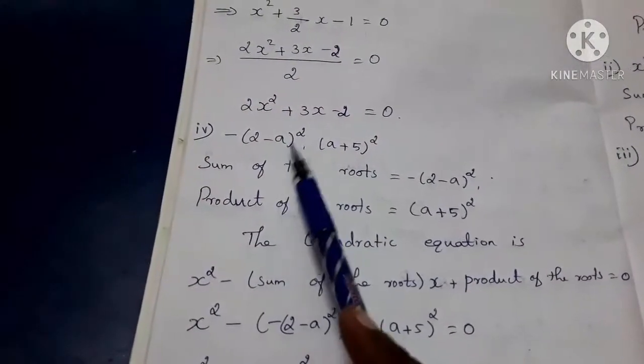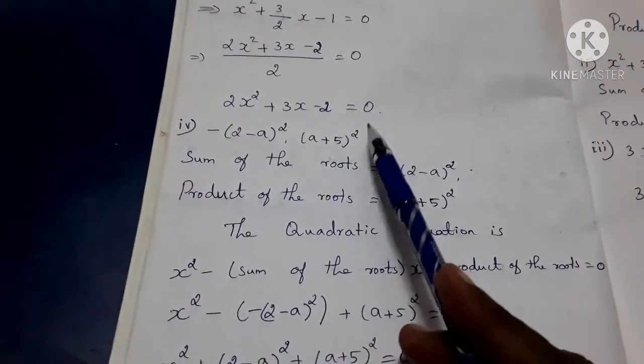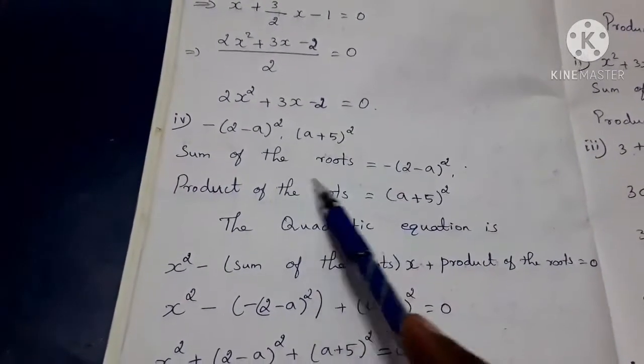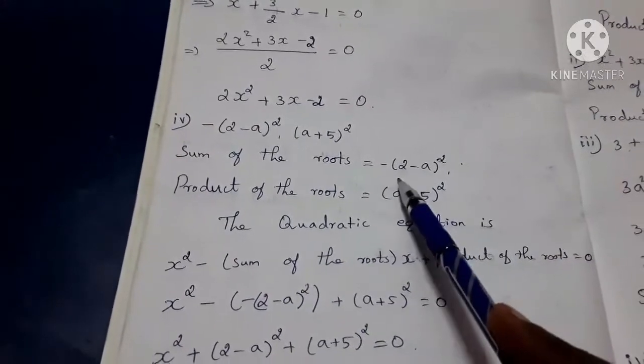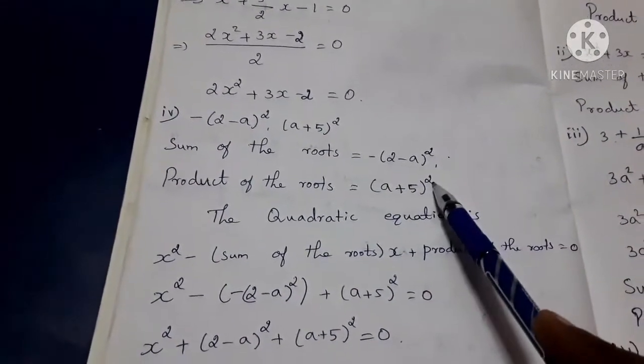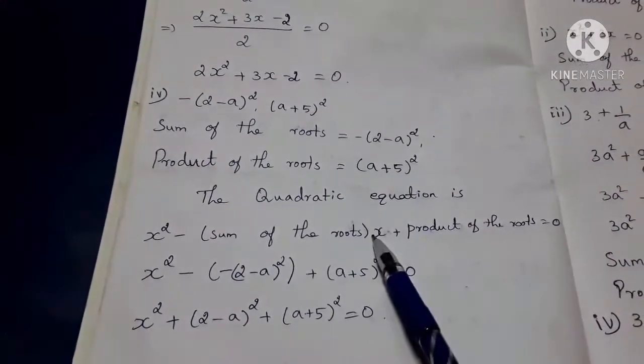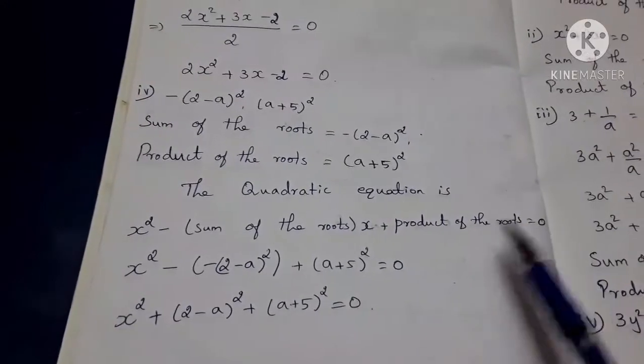Next, fourth question. Minus (2 minus a) the whole square, (a plus 5) the whole square. So the sum of the roots is minus (2 minus a) the whole square, the product of the roots is (a plus 5) the whole square. We know the general form is x squared minus sum of the roots times x plus product of the roots equal to 0.